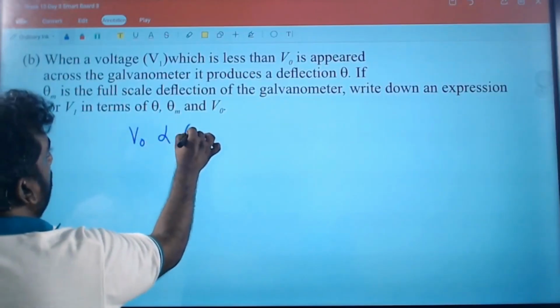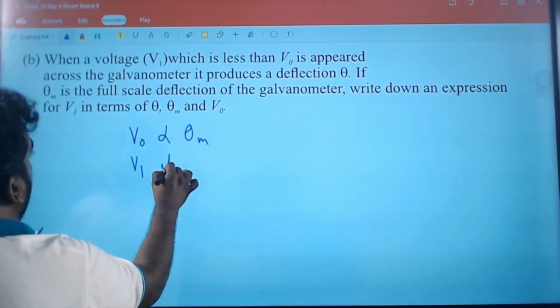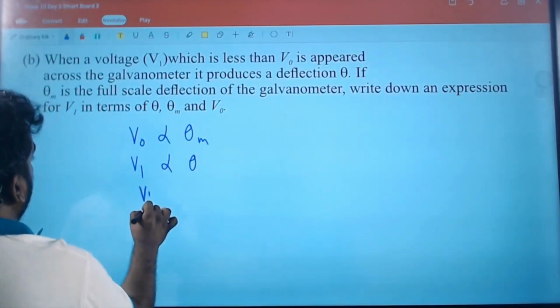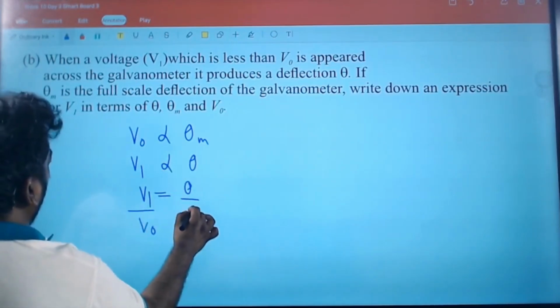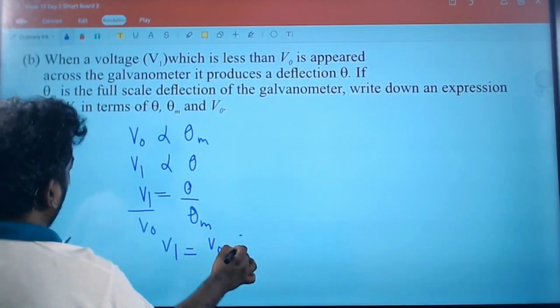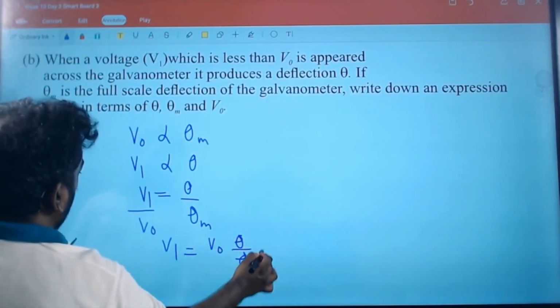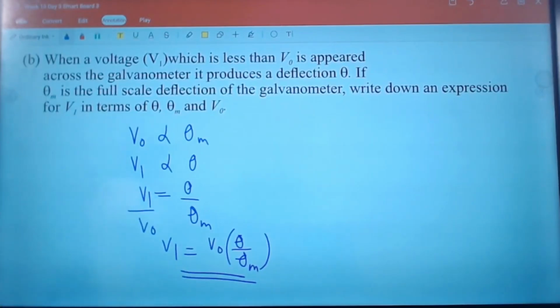V naught is proportional to theta M, V1 is proportional to theta. V1 over V naught equals theta over theta M. So V1 is V naught times theta over theta M.